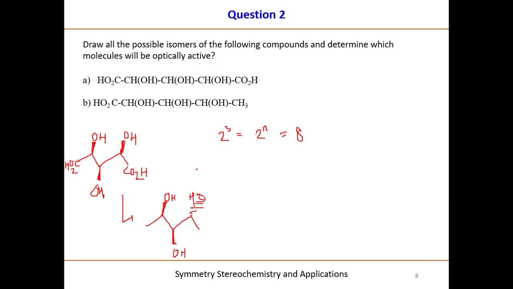What's the third possibility? The first OH group will be on the front side, the second OH group will be on the back side, and the third one is on the front side.